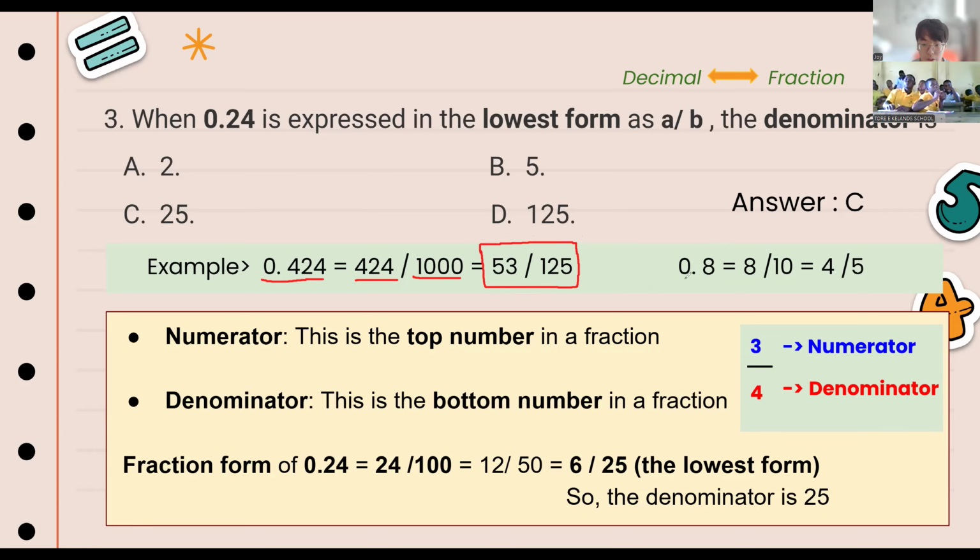You can also do this with 0.8. 0.8 is 8 over 10. And then dividing by 2 on both the top number, the numerator, and the bottom number, the denominator, you can get the lowest form of 4 over 5.